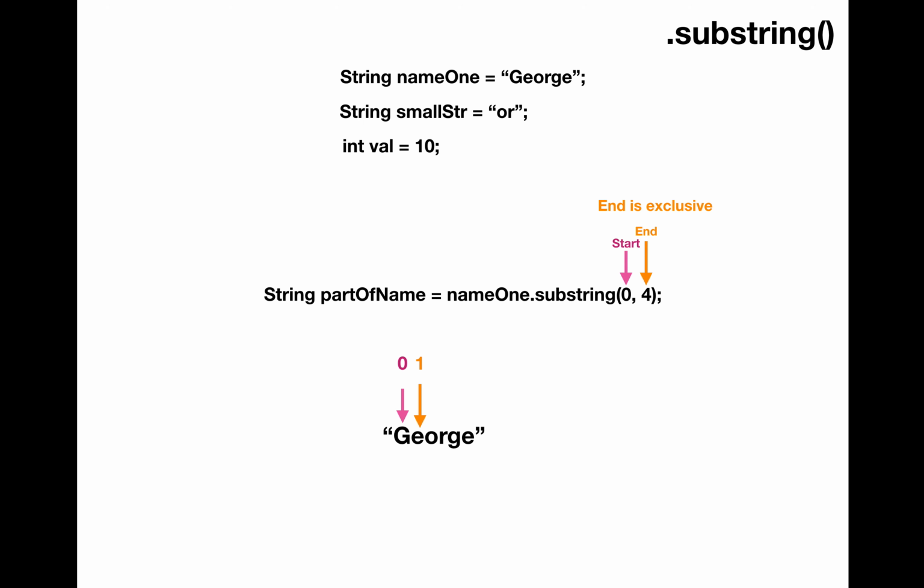Well, we start at 0 and we go 1, 2, 3, and 4. Again, we don't include the letter at index 4 because that's our end, and instead we return the smaller string that we found from 0 all the way up to 4, but not including 4, which in this case would be capital "Geor". If we were to store that in a variable, then we can use it because we found a smaller string from a bigger string.